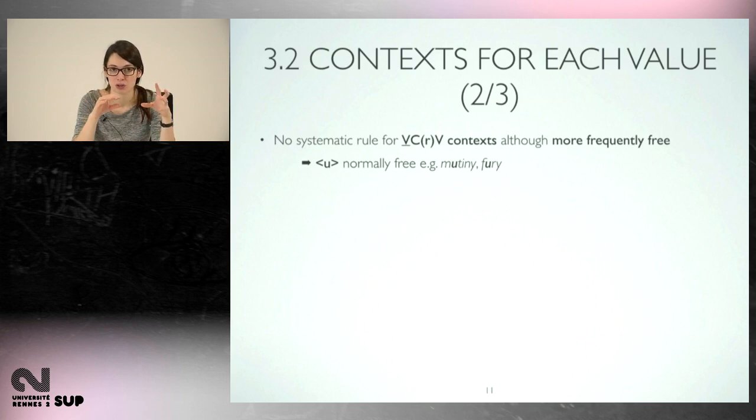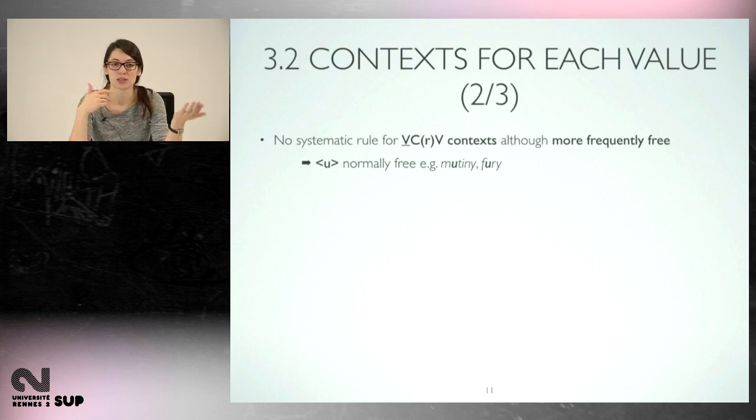When you have a consonant which is different from R, followed by R, the sequence consonant plus R does not count as a consonant cluster. Again, what you can see is that R is special. So when you have U, followed by a consonant, possibly followed by R, the vowel is tense, free.